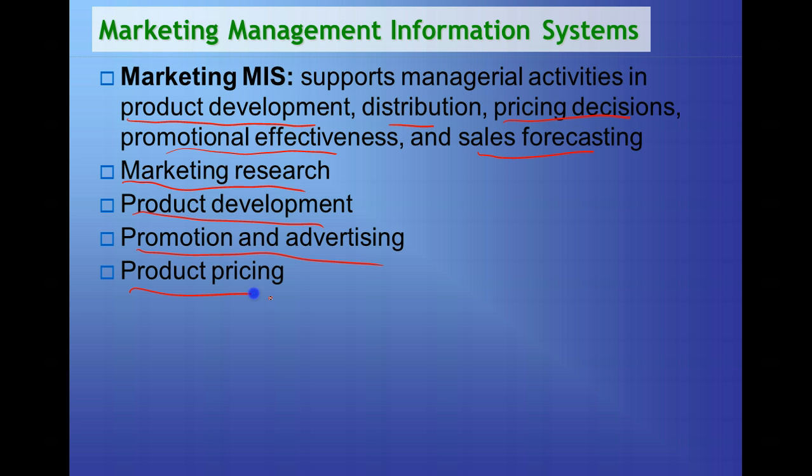And lastly, product pricing, where we decide how much we should charge for retailers and how much we should charge for wholesalers to ensure that we get the maximum profits. And the MIS will help us to analyze our total sales revenues against the product pricing.